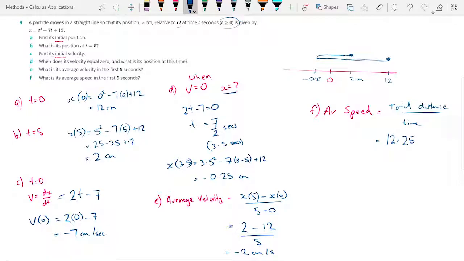And then from 3.5 seconds to 5 seconds, we traveled back to positive 2, so from negative a quarter to positive 2, we're traveling 2.25 centimeters. And we traveled for a total of 5 seconds. So we'd get 14.5 centimeters divided by 5 seconds, which would give us 2.9 centimeters per second.